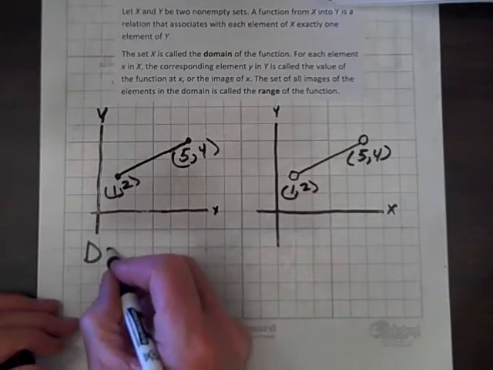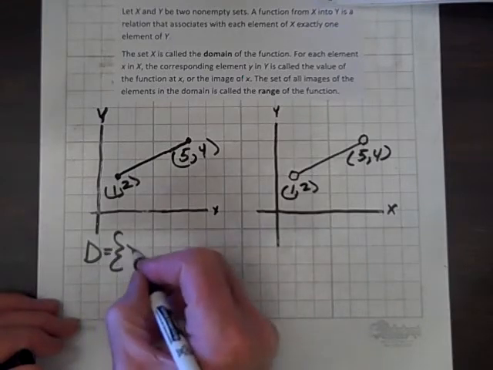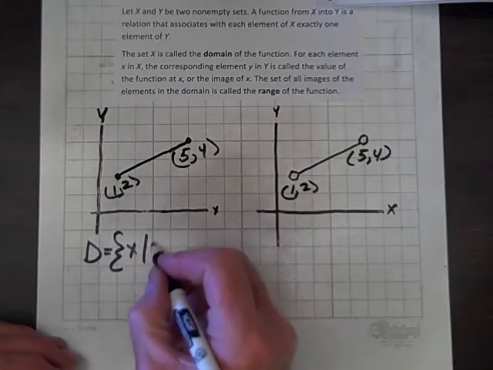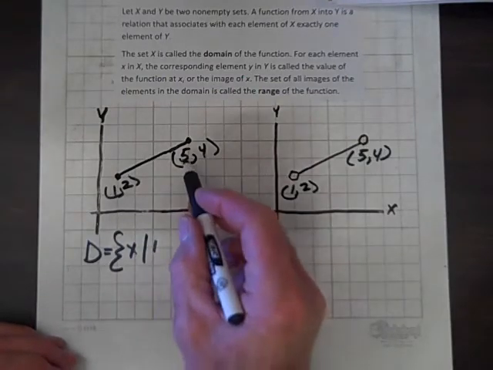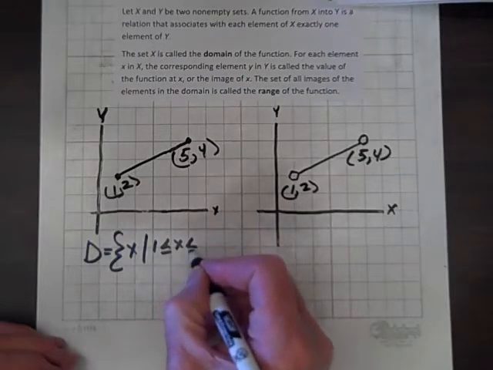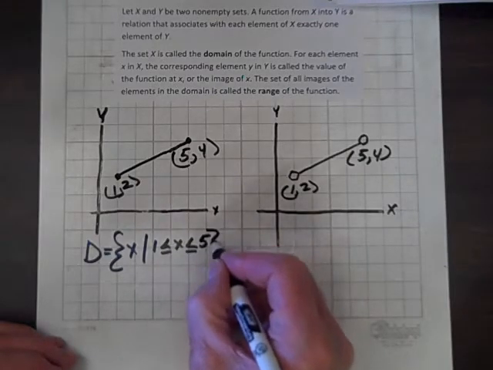And its domain is the set x in set builder notation. Now the smallest element in the domain is 1. The largest is 5. So 1 is less than or equal to x, which is less than or equal to 5.